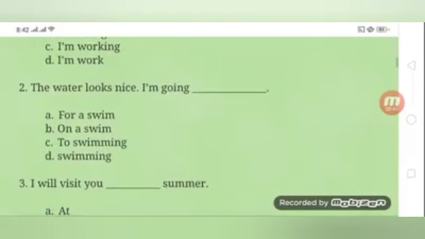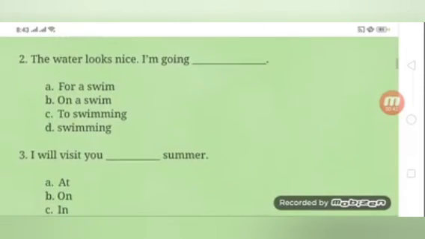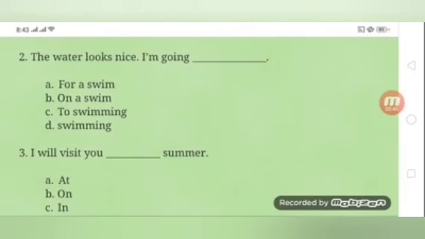The water looks nice. I'm going swimming. The answer here is letter D, number 2, because all forms of the verb go, when it is always followed with an activity, the activity must be in ing form. Okay, so you would say I go shopping, I went swimming, like that.